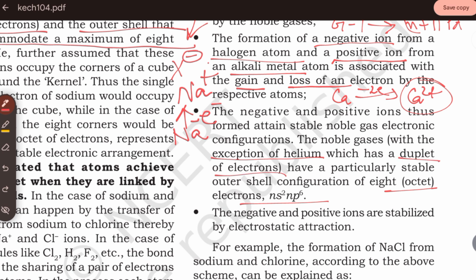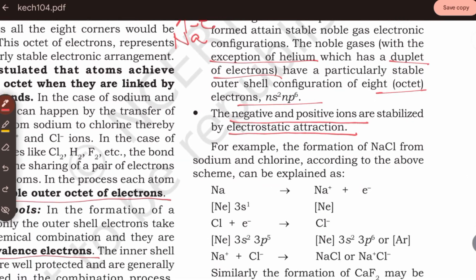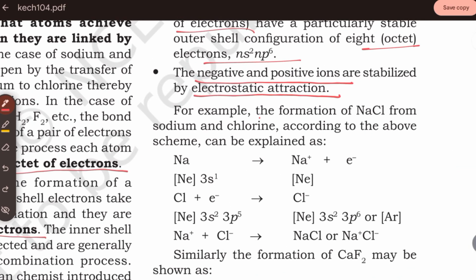This type of interaction between the positive and negative ions is known as electrostatic interaction, and the type of bond is known as an electrovalent bond, which we can see in the formation of NaCl.